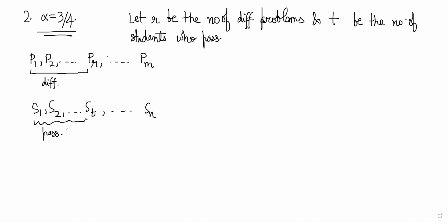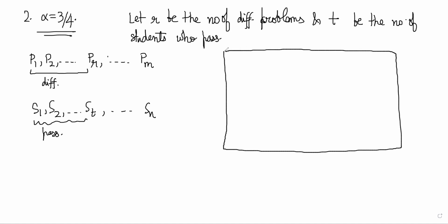And what we'll do now is construct a table. So we'll make a table like this. How do we make the table? We label the problems here: P1, P2, PR here, and finally PM here, and S1, S2, ST here, and finally SN here. And this is an M cross N array, right?